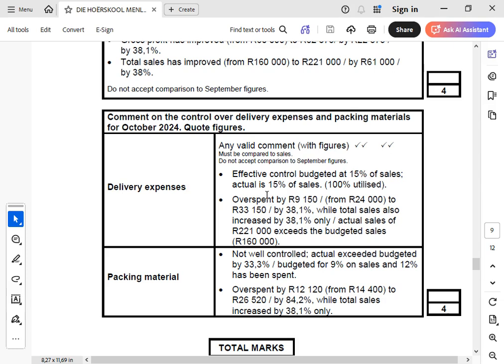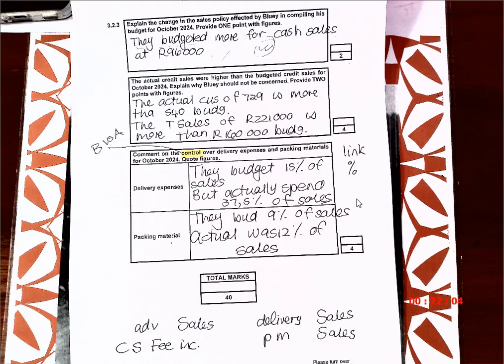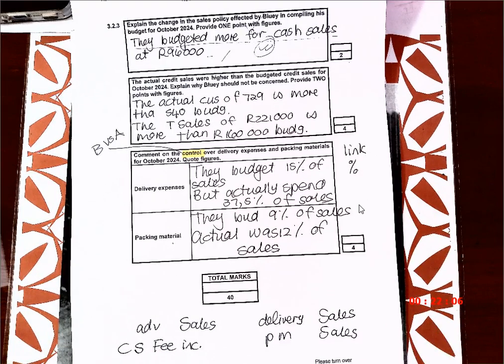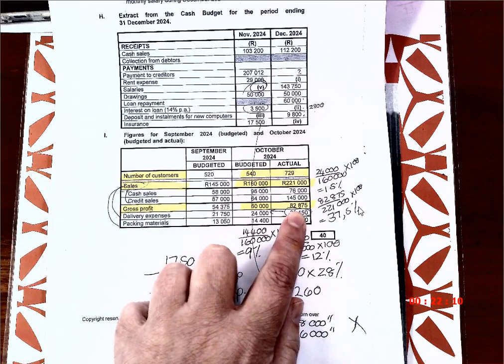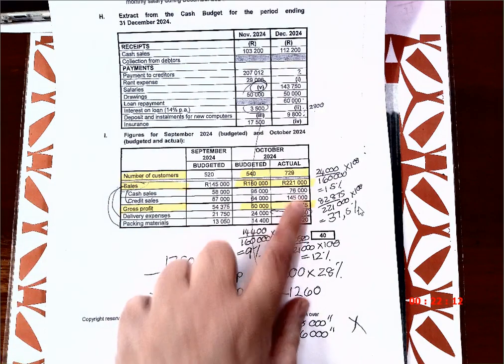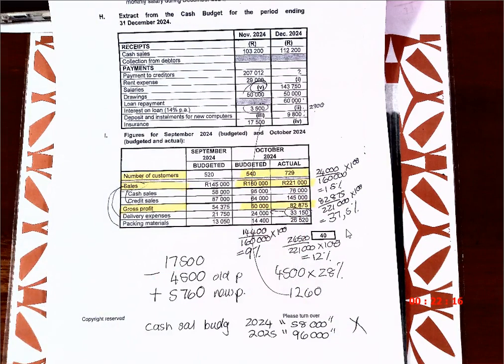15% of sales, 15% of sales. So let's go again. 82,875 divided by 221. Yes, 37. So where did they get 15?